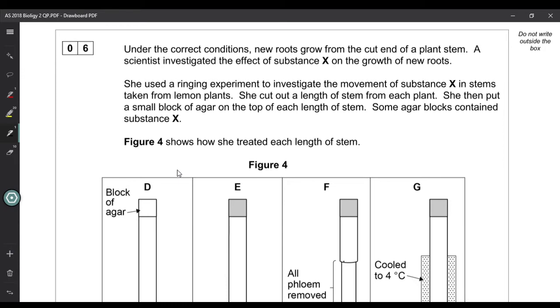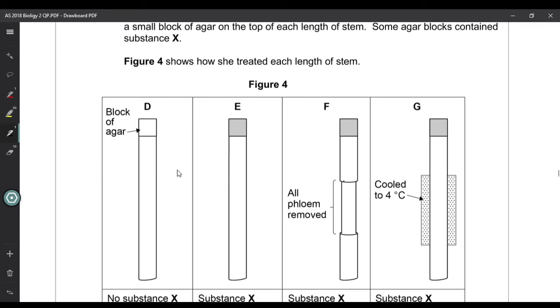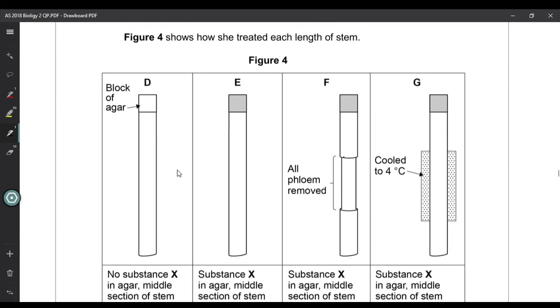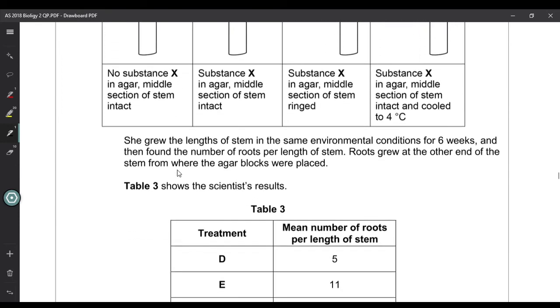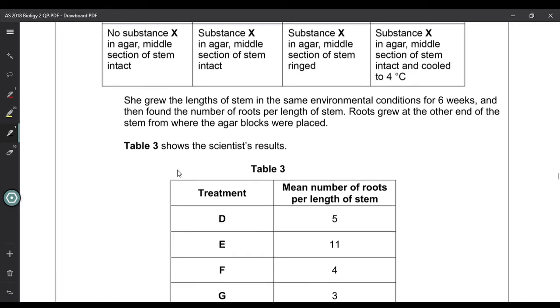Question 6 describes some experiments to investigate substance X on the growth of new roots. So the diagram shows the 4 different experiments and how the substance is applied and how the stem differs in each one. And we've got a table of results showing the mean number of roots per length of stem in each experiment.